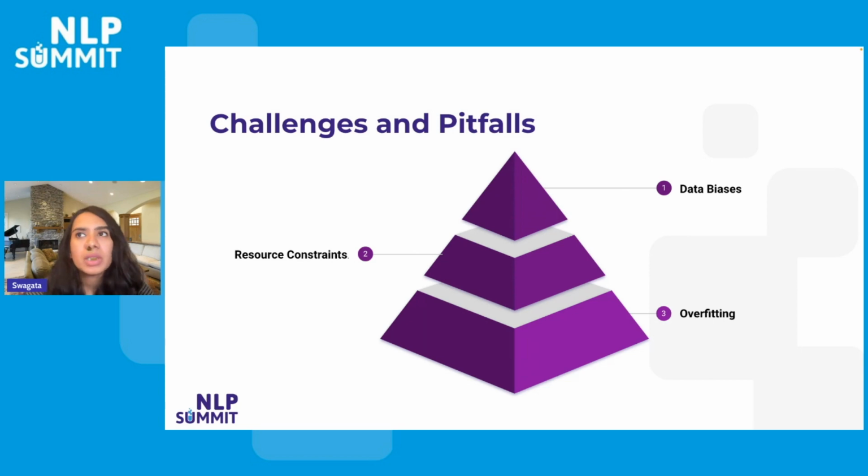To overcome these constraints, we can resort to techniques such as transfer learning, where we leverage the pre-trained models to reduce the computational needs, but we also can use cloud-based solutions that can offer scalable resources to accommodate our computational needs.